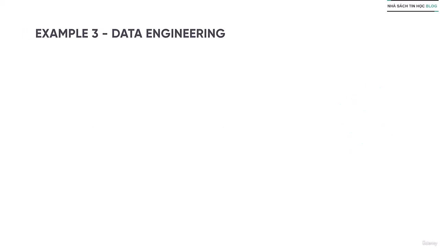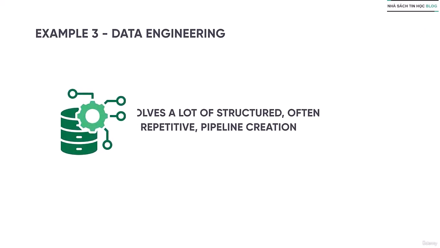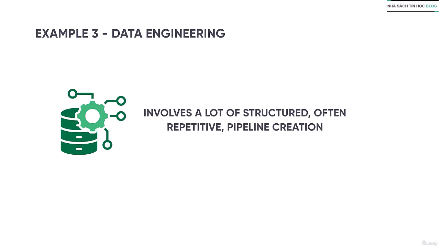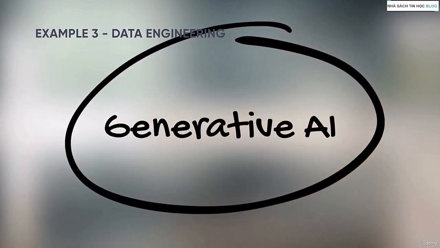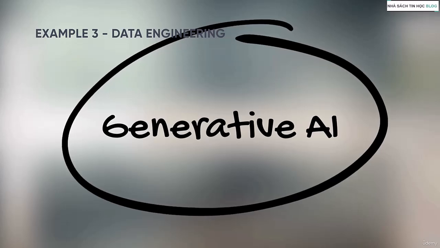Now, another example in the case of data engineering. The field of data engineering involves a lot of structured, often repetitive pipeline creation, and this is an ideal use case for vibe coding. Developers have used generative AI to create entire pipelines from a single prompt.